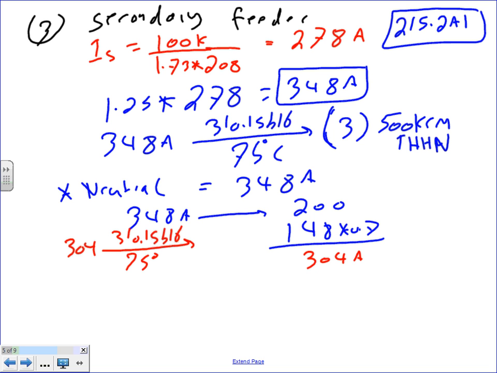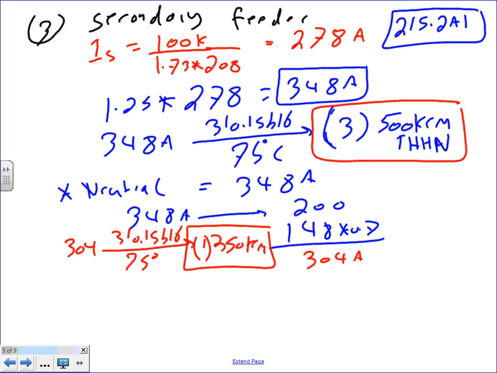I have 304, 350. So at 350 kcm, one conductor. Okay, so that's it. I just derated the neutral.